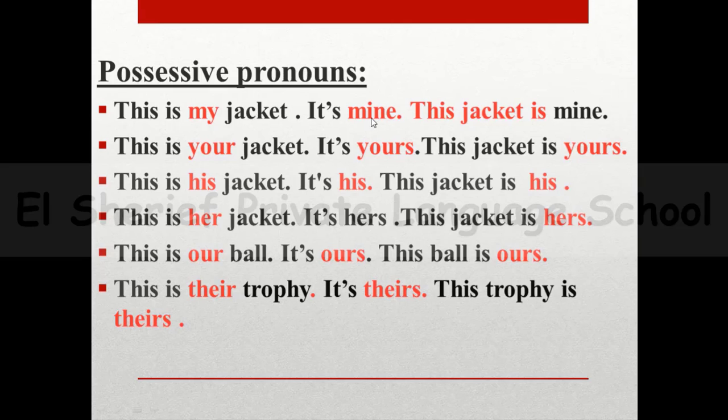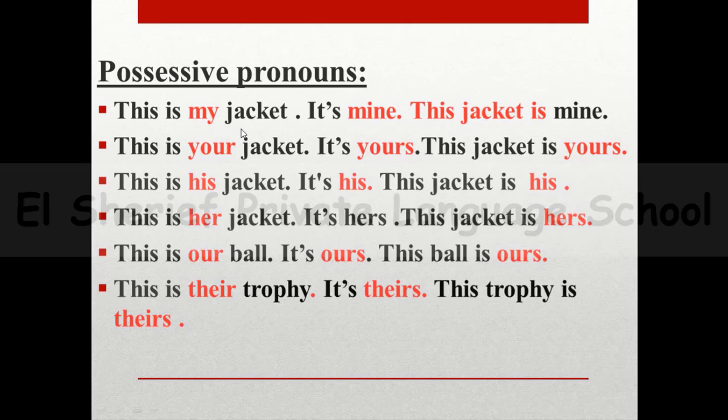When I use the possessive pronoun, I shouldn't put anything after this pronoun, as in it's mine, or this jacket is mine, and I didn't put anything after mine. Why did I use mine here as a possessive pronoun?